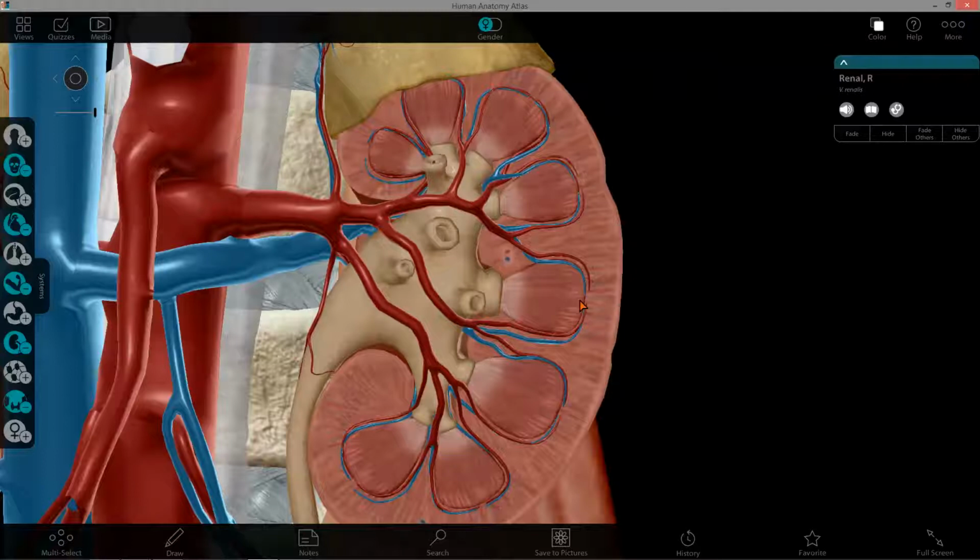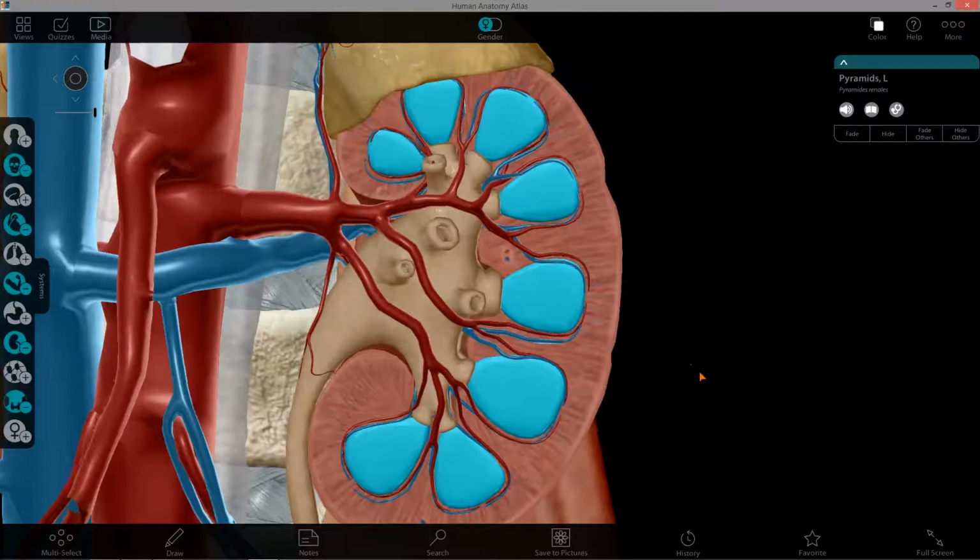As we move deep, we come to the renal medulla, which is the inner 2/3 of the renal viscera, and this consists of the renal pyramids, highlighted here, as well as the columns, which are the areas that exist between the pyramids, containing the loops of Henle of the nephrons, the functional unit of the kidney.